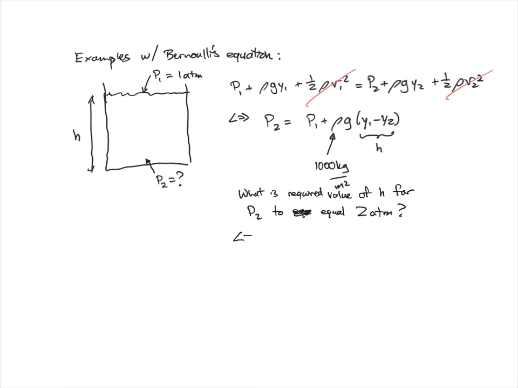So we can rearrange our equation to solve for h. So h would be (P2 minus P1) divided by rho g. And so that's 2 atmospheres minus 1 atmosphere divided by 1,000 kilograms per meter cubed times 9.8 meters per second squared.